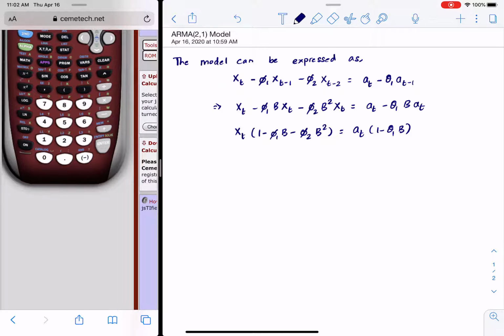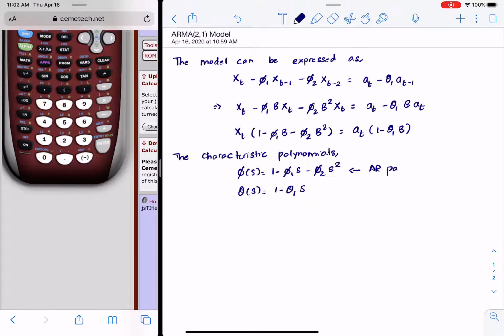This would give us the characteristic polynomials. Phi(s), which would be 1 minus phi1 s minus phi2 s squared, and theta(s), which is 1 minus theta1 s. So the first one would be for the AR part, and the second is for the MA part.